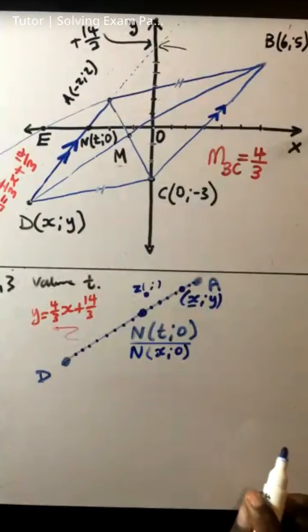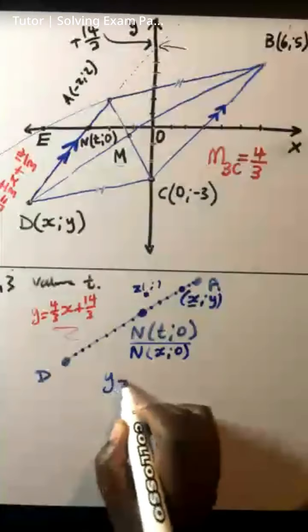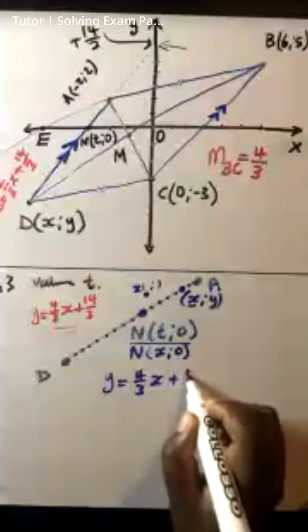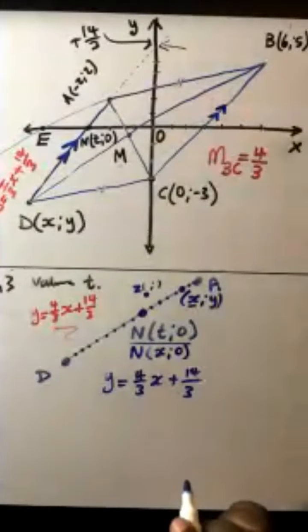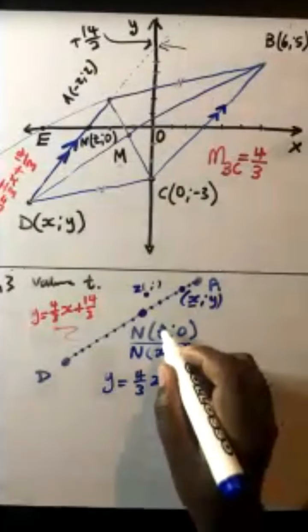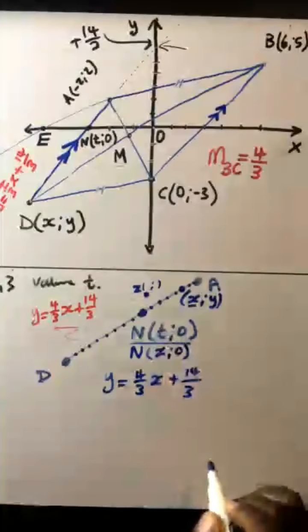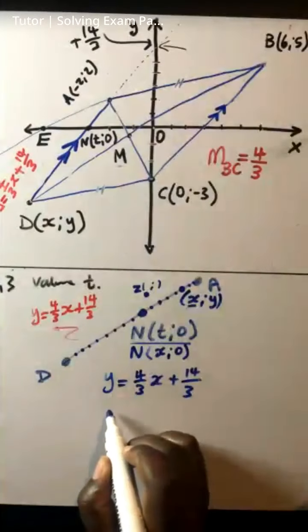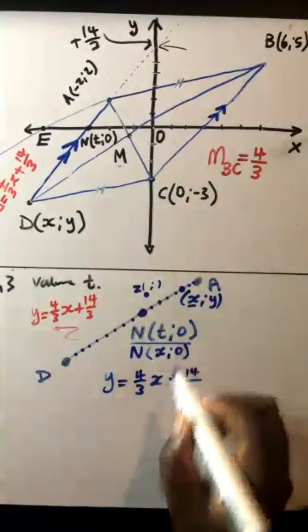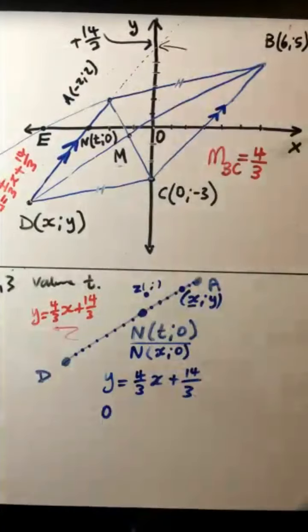So since that point lies along that line, it means we can use that equation, ladies and gentlemen. The tricky part here is for you to be aware that t is actually the x value of that point. So when you substitute, you've got 0 as your y value.